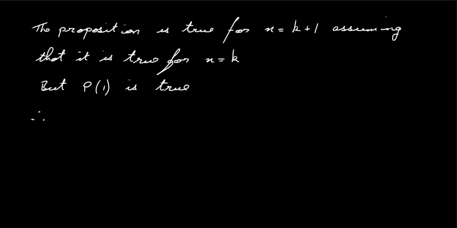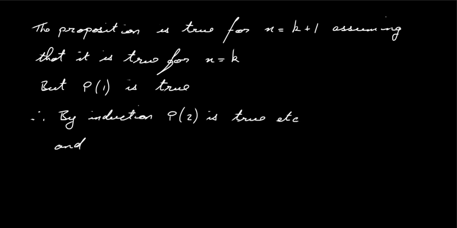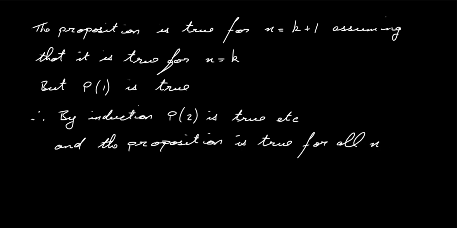Therefore, by induction, P2 is true, etc. We can say then that the proposition is true for all n is an element of the natural numbers. Okay, and that's it for this question.